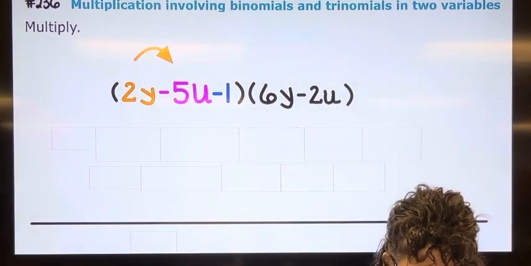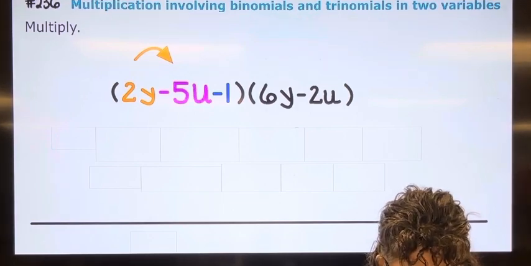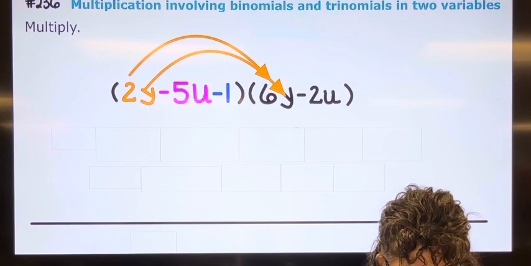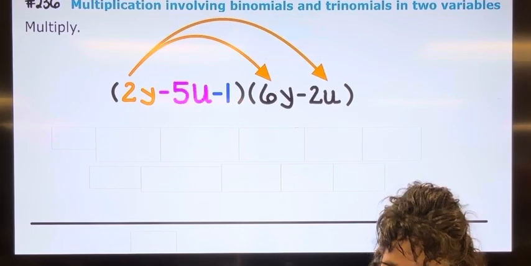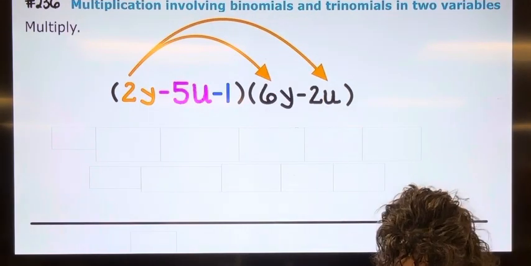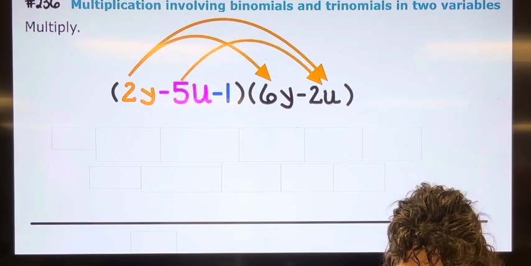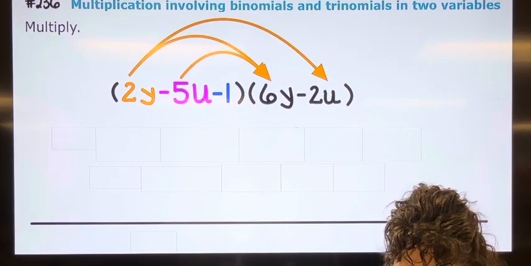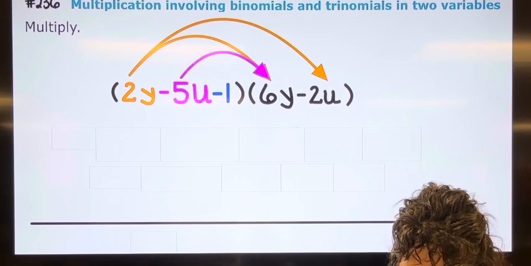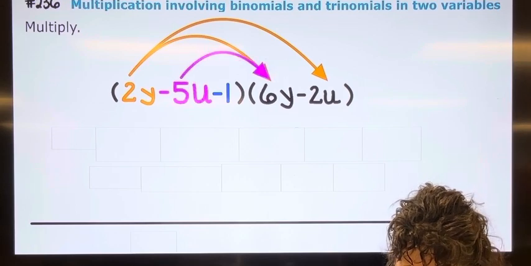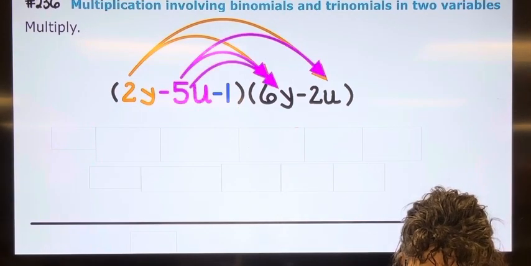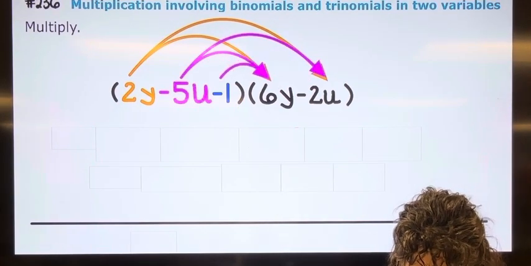So I'm going to take the front one here, the 2y, and multiply it to each of those, followed by the negative 5u, and then I'm going to distribute that one through. And then I'm going to take the negative 1 and distribute that one through.